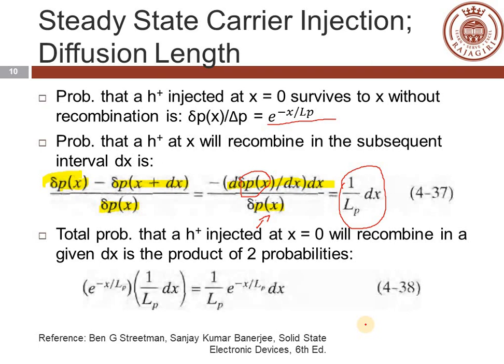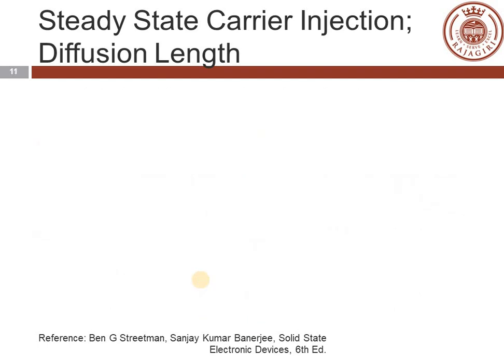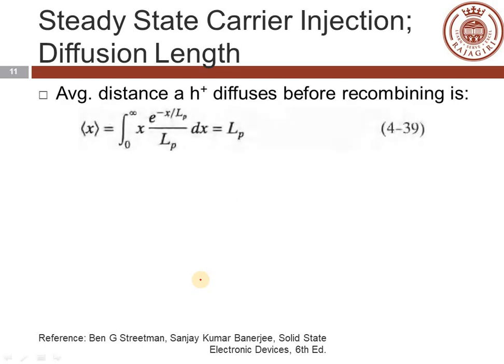So here we need to find the average distance x which a hole will travel before its recombination. So our function is x and our probability is this one, 1 by LP into e to the power minus x by LP. So we can write the average distance a hole diffuses before its recombination, and to indicate the average we use this symbol.